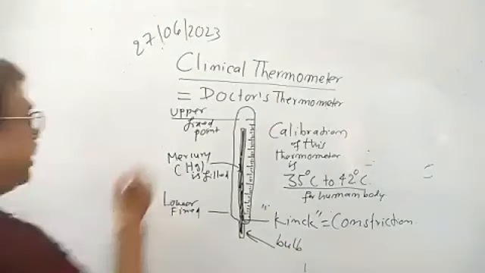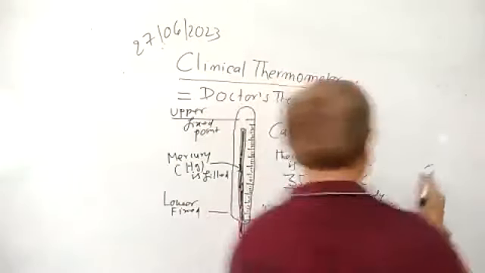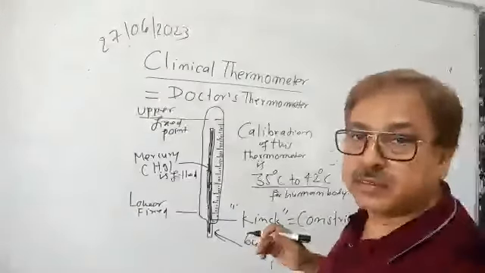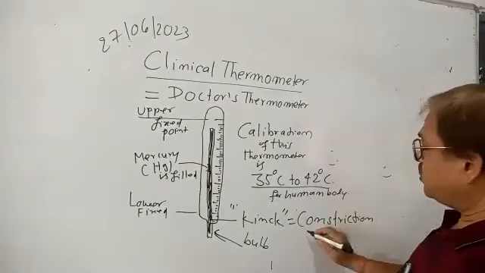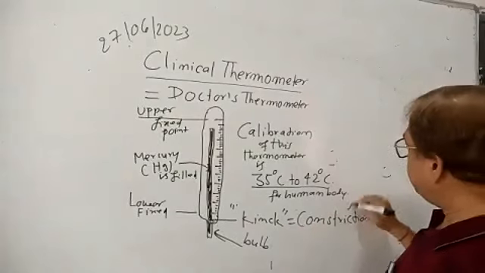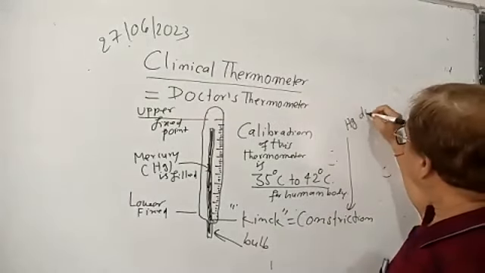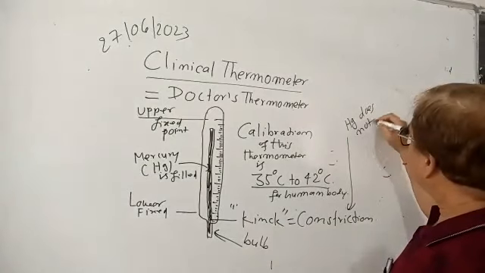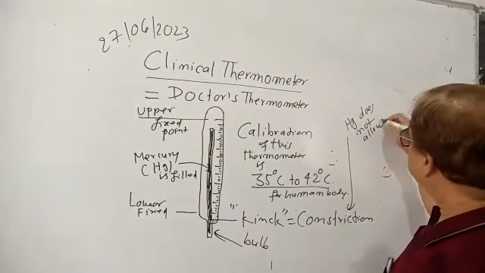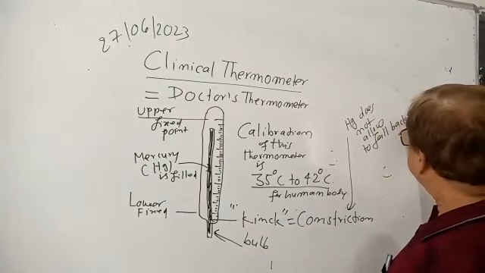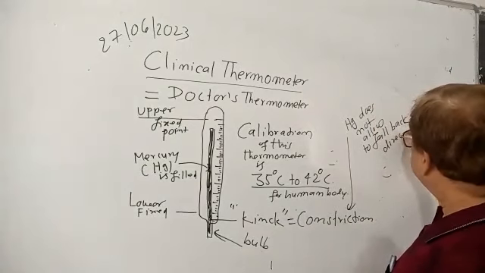Constriction is provided, so mercury, Hg, does not fall back directly.